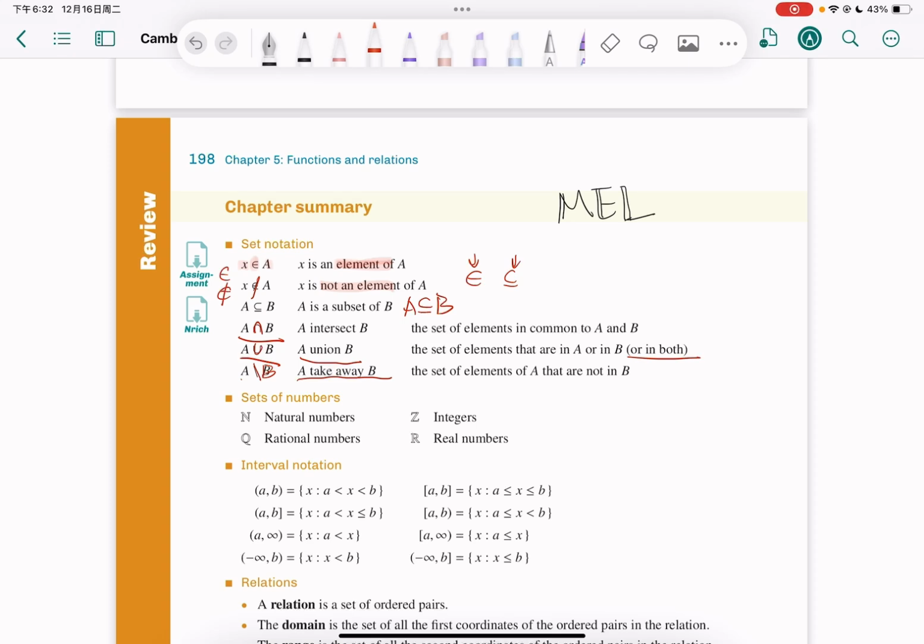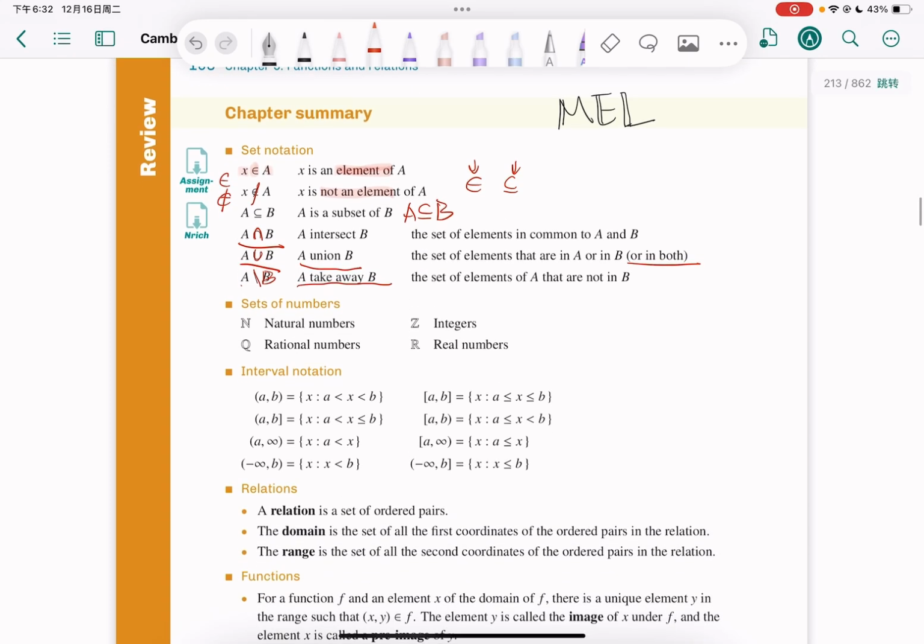Okay, sets of numbers. So we can put numbers into sets, depending on their properties. So for natural numbers, we start from 1, 2, 3, and so on, and 0 is not included in natural numbers in our VCE subject.